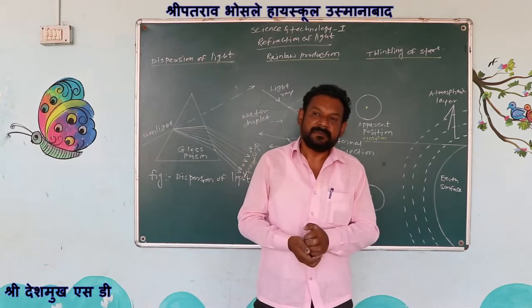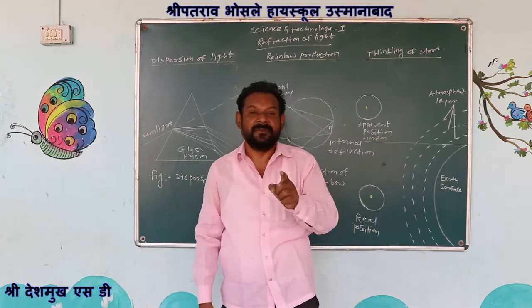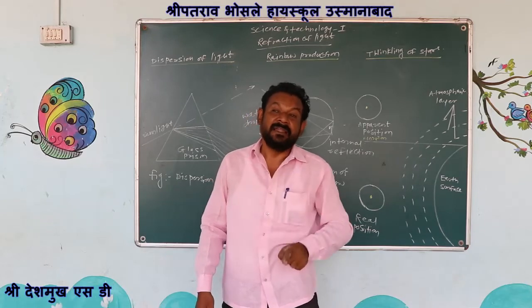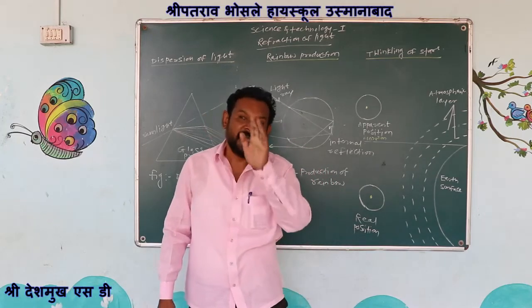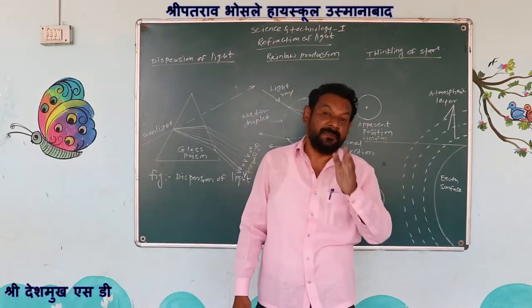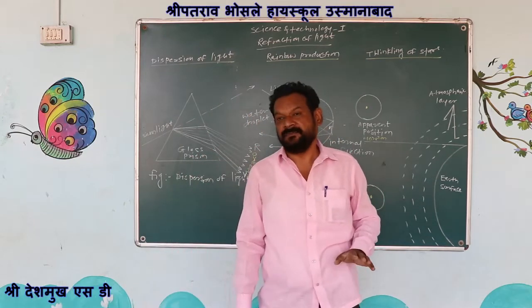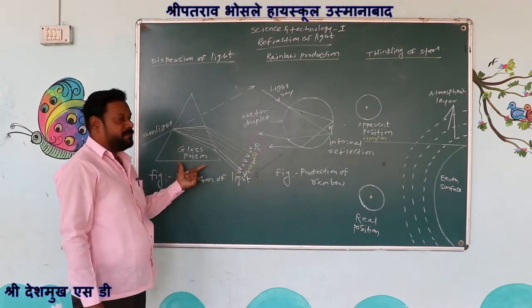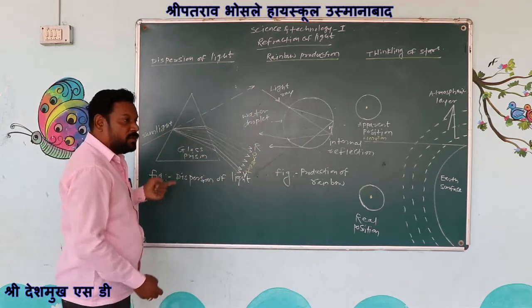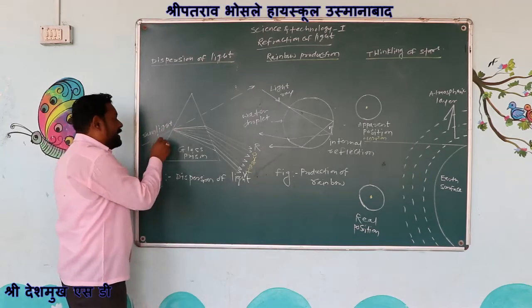Now you know that the red color bends at least, and the violet color bends at most. There is a glass prism. This is the sunlight. The sunlight enters the glass prism.